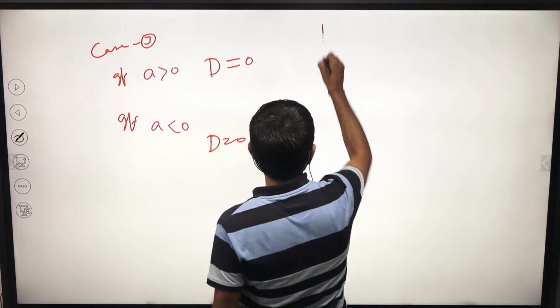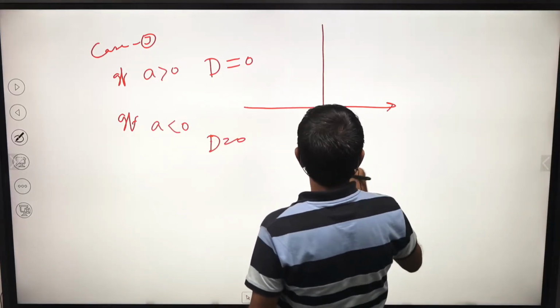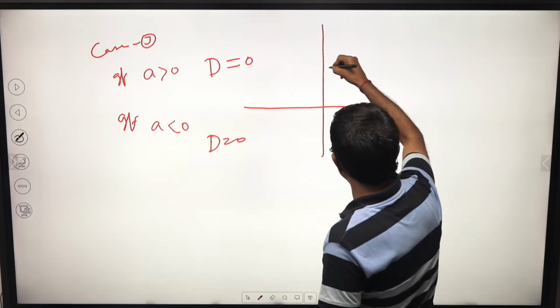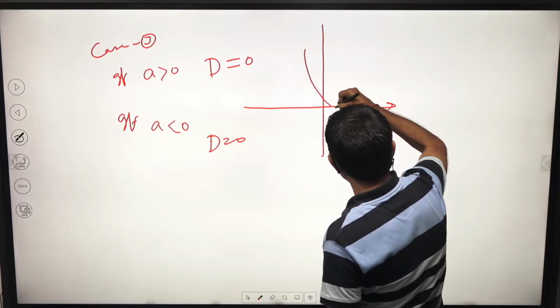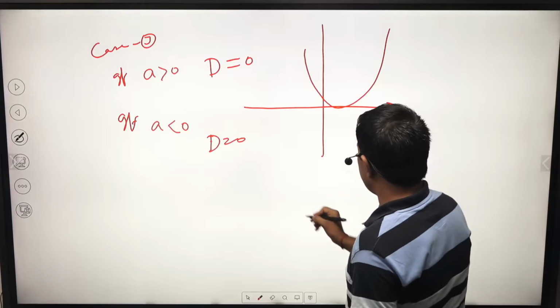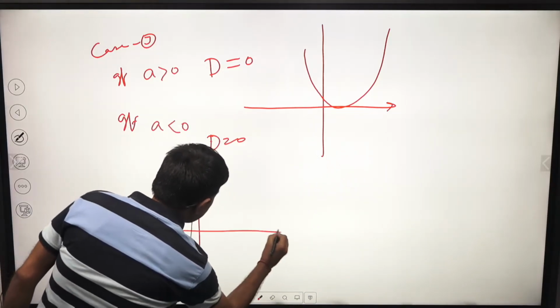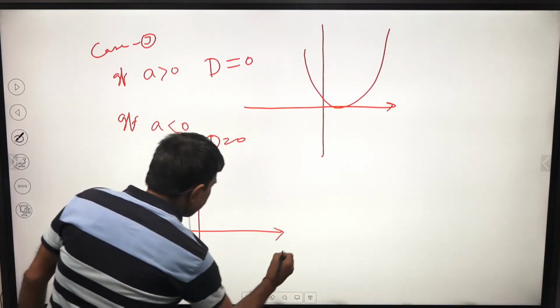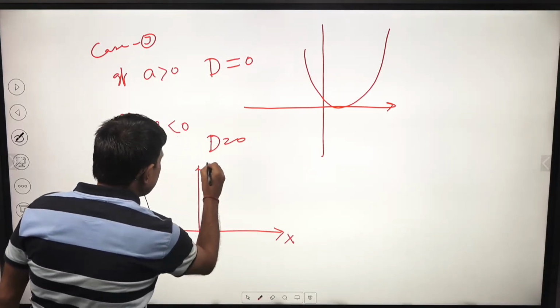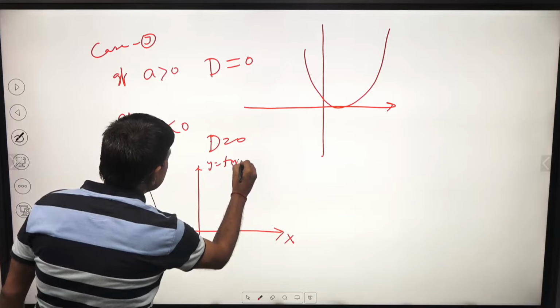That means this type of curve is drawn, and for the other case this type of curve is drawn. This is the x-axis, this is y is equal to f of x.